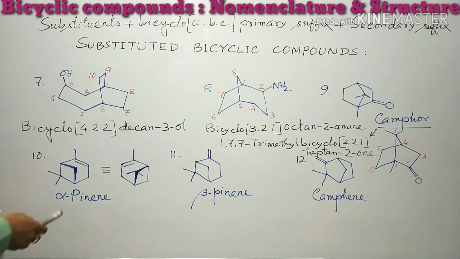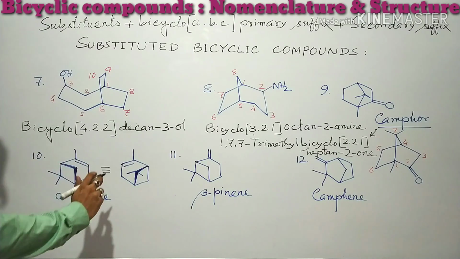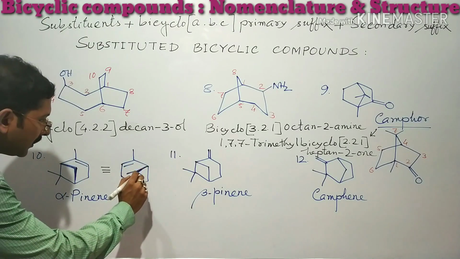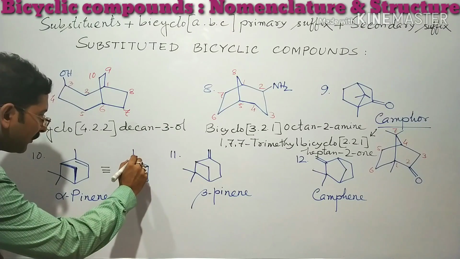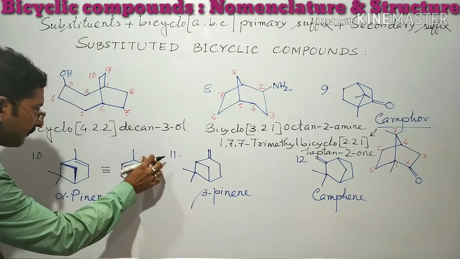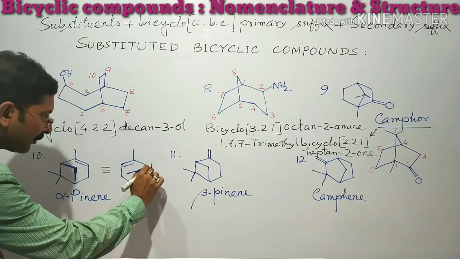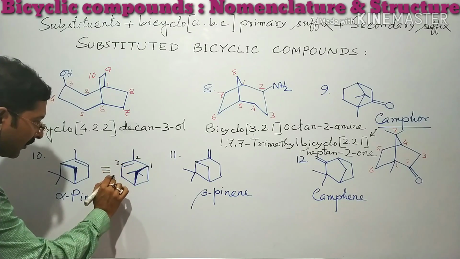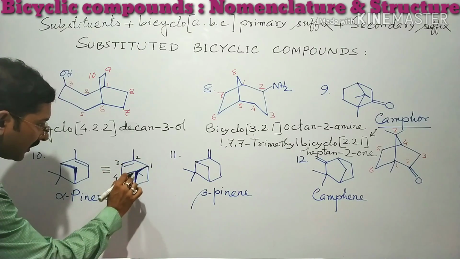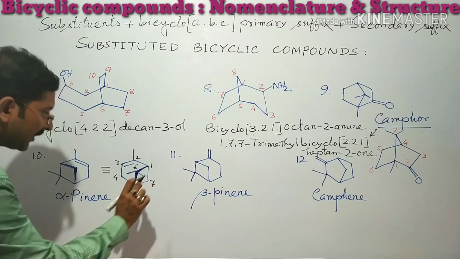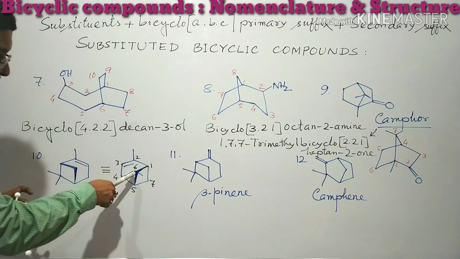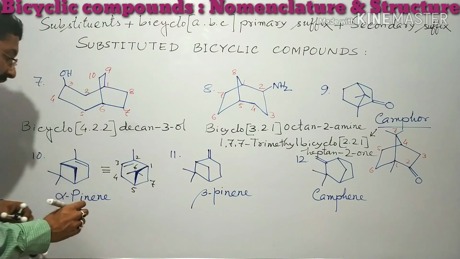Now let us consider the IUPAC name of this compound, alpha pinene. The numbering starts from here. This is your 1, a bridgehead carbon. This is 1, this is 2, 3, 4, 5. This one is 6 and this one is 7 definitely, because this carbon contains 2 substituents.